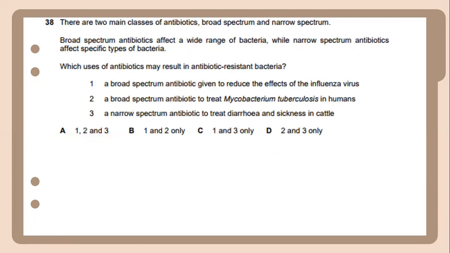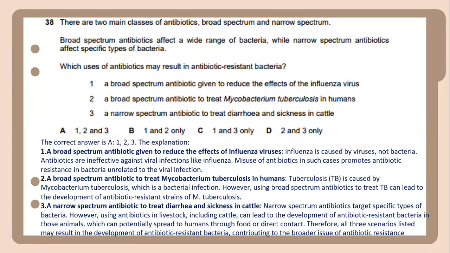38. There are two main classes of antibiotics, broad spectrum and narrow spectrum. Broad spectrum antibiotics affect a wide range of bacteria, while narrow spectrum antibiotics affect specific types of bacteria. Which uses of antibiotic may result in antibiotic resistant bacteria? The answer will be all.